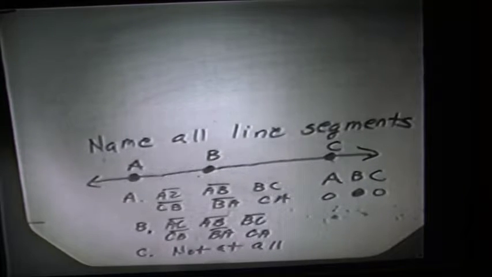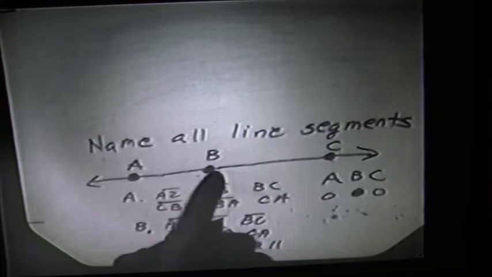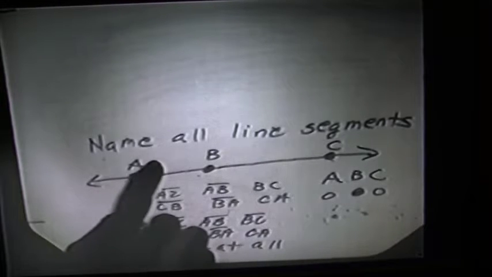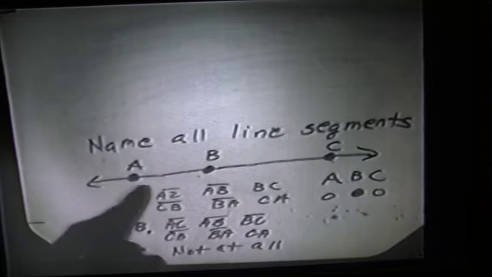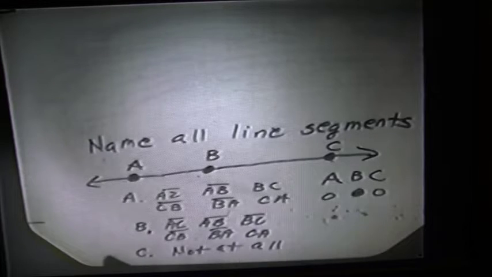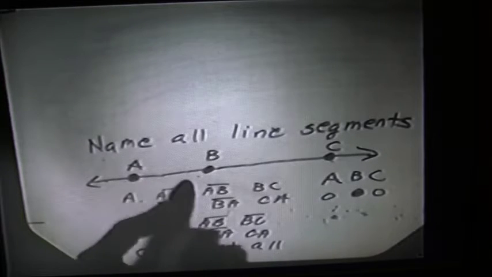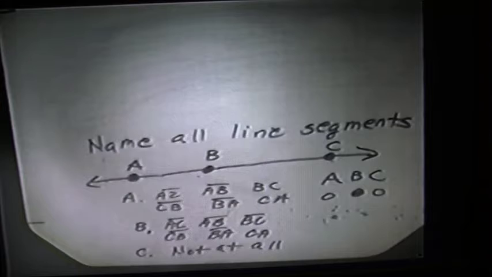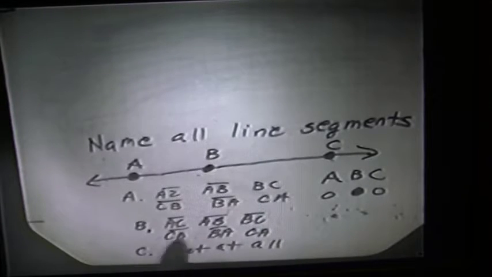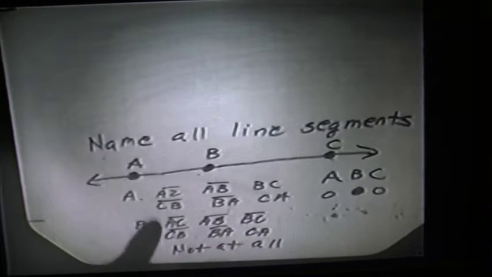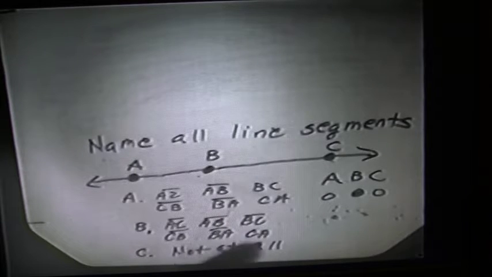You may be asked that question. Name all the line segments. Well, pay attention to the alphabets, to the dots on that line, and only include those dots and those alphabets in your answer that are in your choices. Only the ones that are in your choices. And make sure they have all your choices.